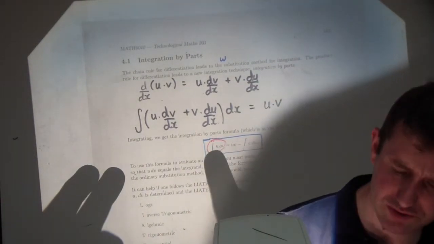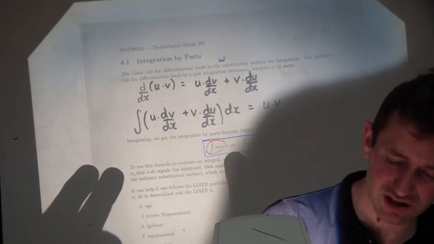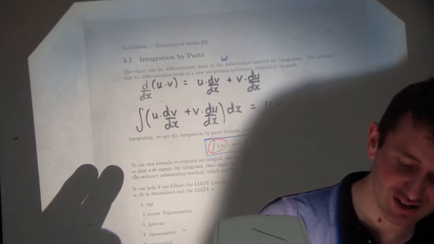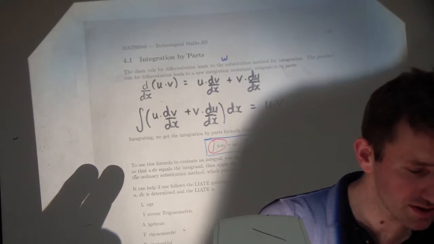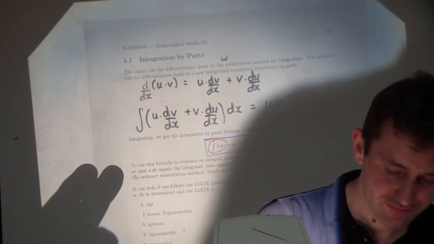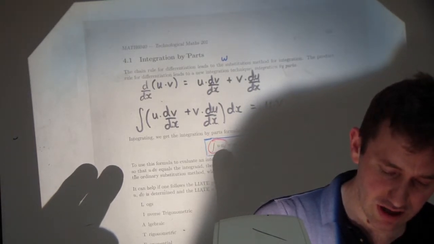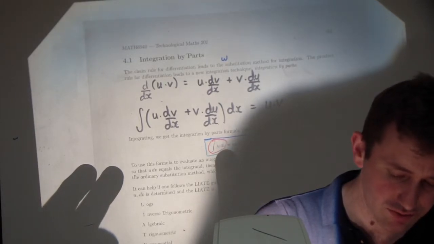And like the W substitution, it actually splits it into two. I suppose that's why it's called parts. This part, that part. I don't know if that's right, but anyway. And usually this one will succumb to direct from the tables, manipulation, or W substitution. So what you're trying to anti-differentiate is this antiderivative u dv.